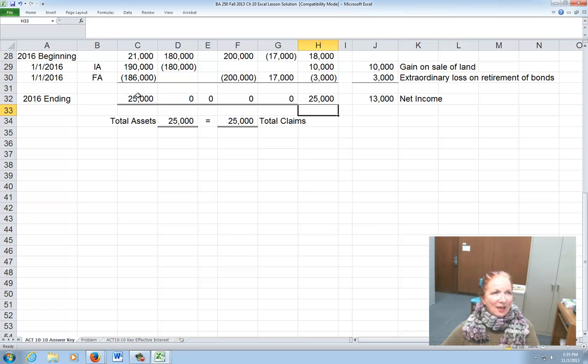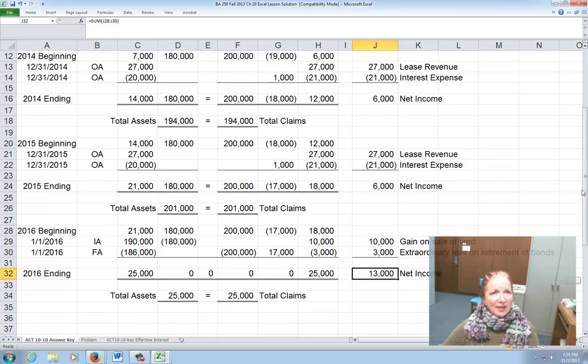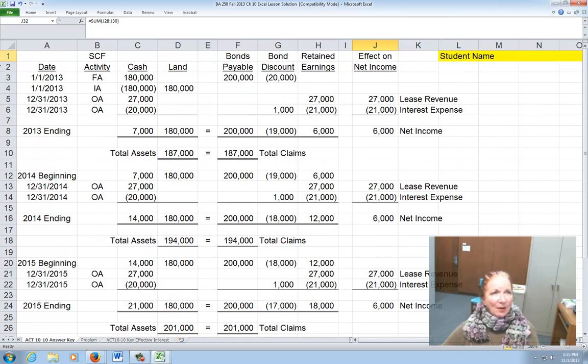So the owner's claims and the assets in the business equal one another. And then our net income is a $10,000 gain, a $3,000 loss, but we're better off by $13,000.